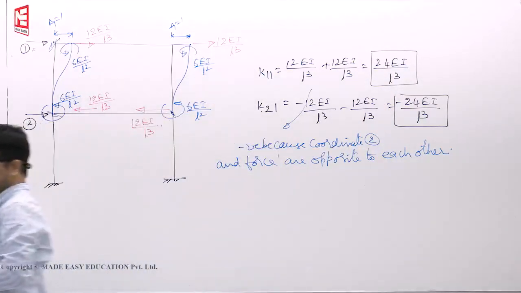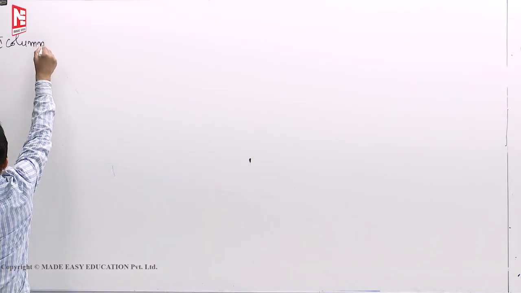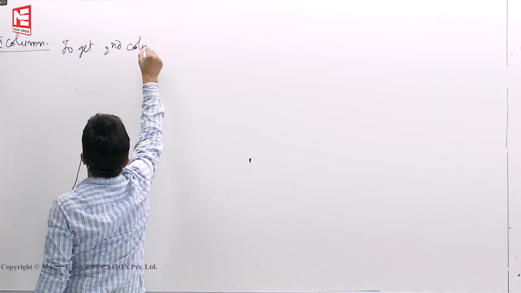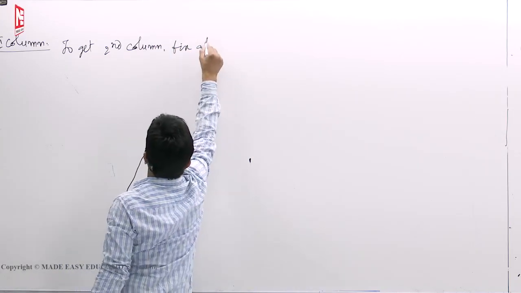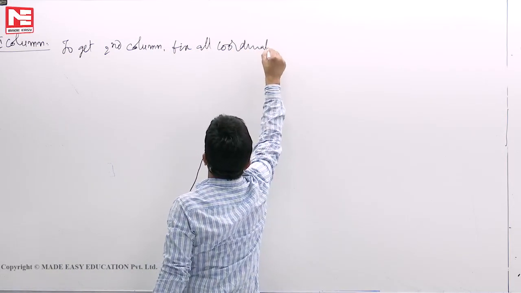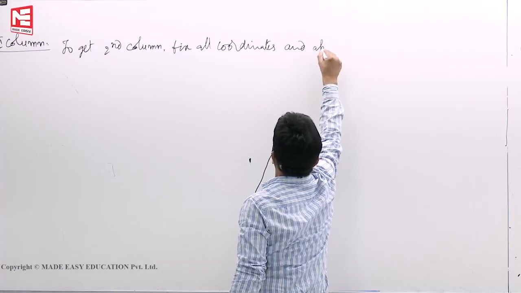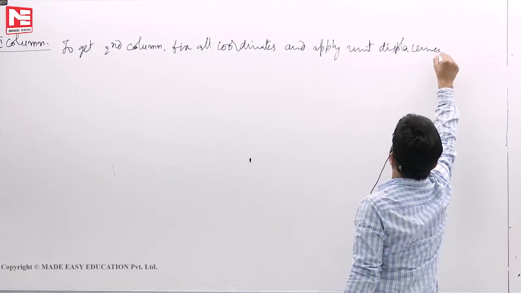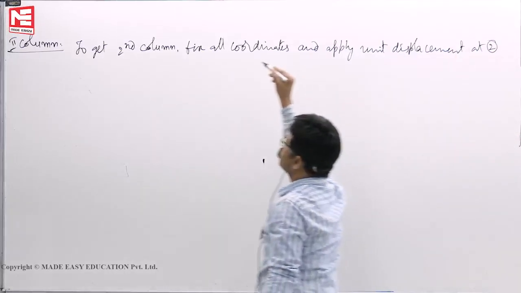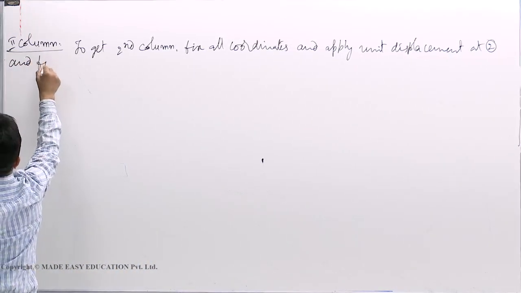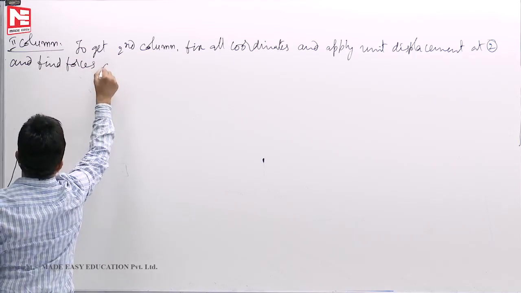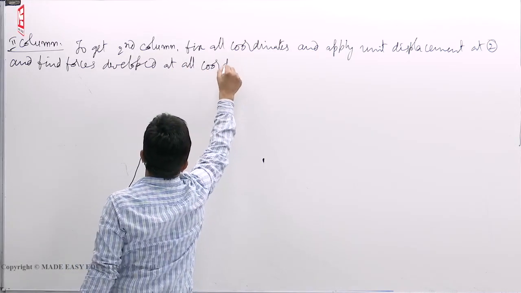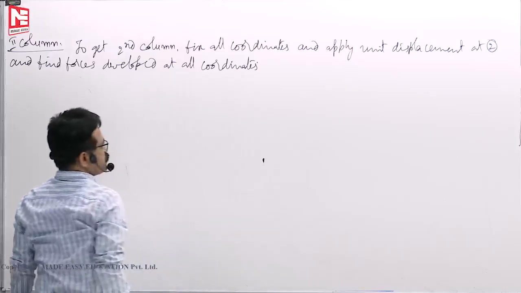Now let us see the second column. To get the second column, fix all coordinates and apply unit displacement at 2 and find forces developed at all coordinates.